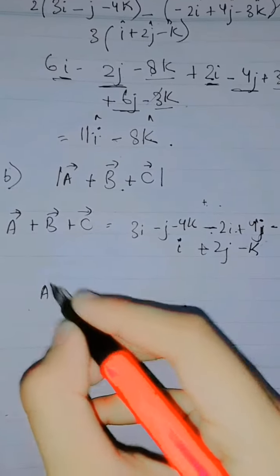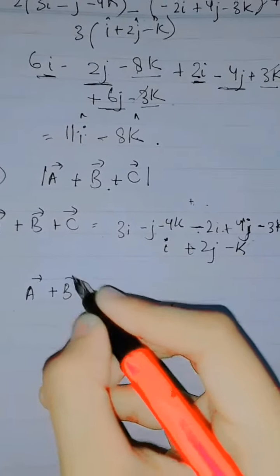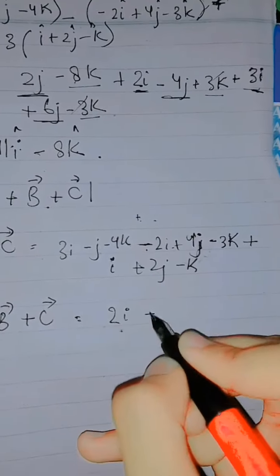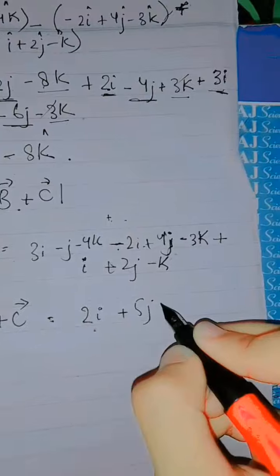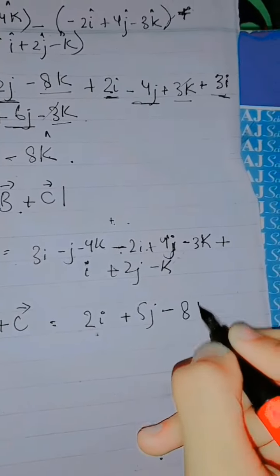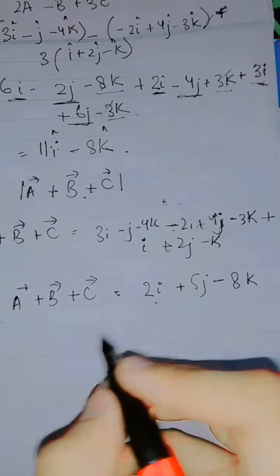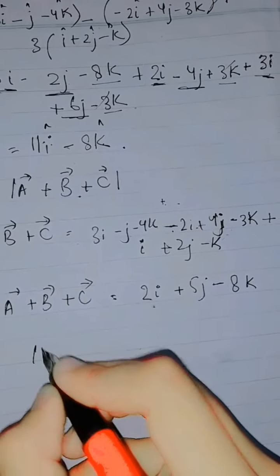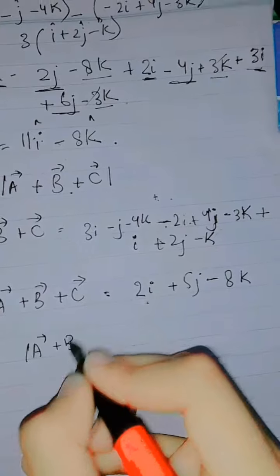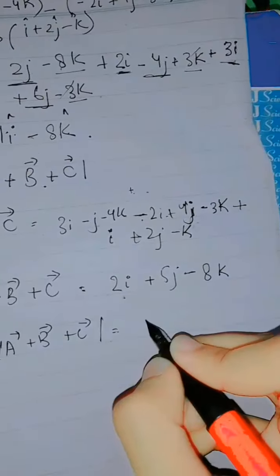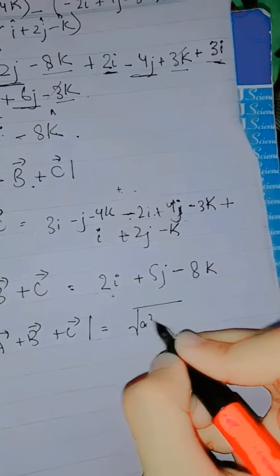So now we'll be adding all these. After adding all these we get the answer, that is 2i plus 5j minus 8k. Now we'll be taking the magnitude of these. What's the formula of magnitude? It is the square root of a square plus b square plus c square.